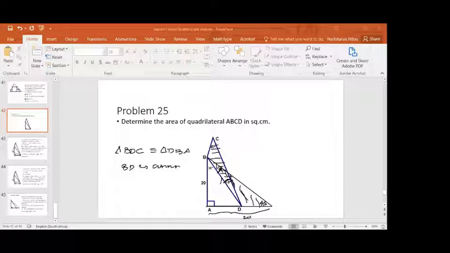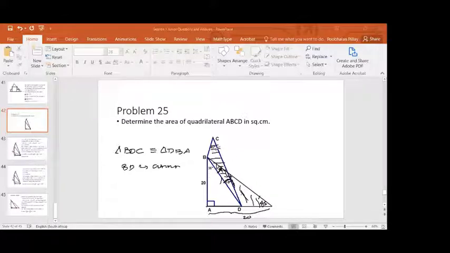And it's given that this is 45. So you've got that angle equal to that angle. So you've got two angles and a side. Right? So the triangles are congruent. And if they're congruent, they must have the same area. So this triangle which is shaded at the top, its area is the same as the triangle which is shaded at the bottom. Now watch.